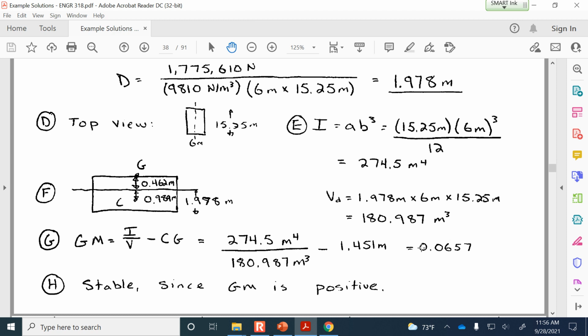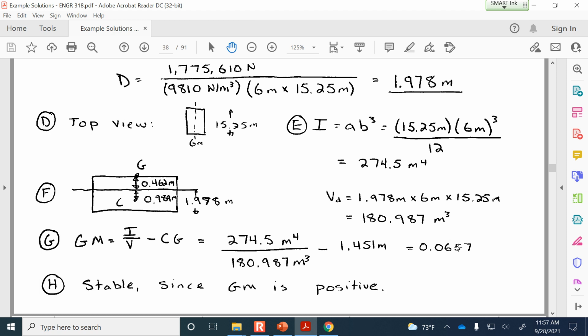If we load it a little more, that's going to bring the center of gravity even higher, but we've still got about 6 centimeters of leeway. But if you load it even a little bit more than that, then it would become unstable and prone to tipping over. At which point we could put one of those Hawaiian outriggers on the side, and that would make it wider, and then it would be stable again. Those are things you can do to adjust the stability.